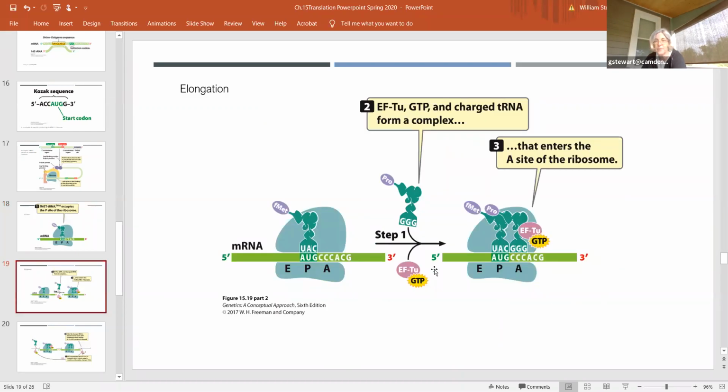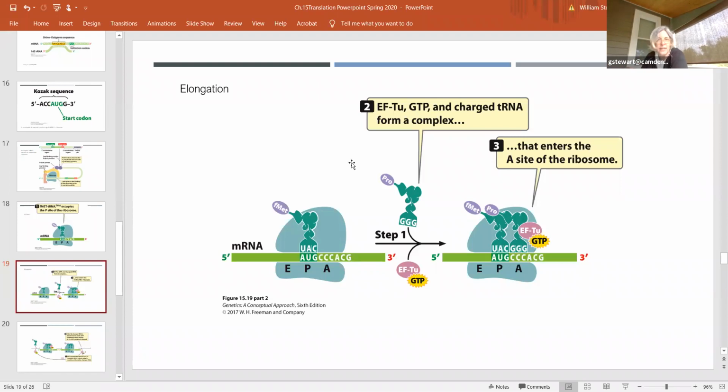Okay, now step 2. In Bio 1 and in microbiology, we just said the second transfer RNA fills the A site, right? It's a little more complicated than that, so we're adding a bit more complexity. This transitions us to what we would call elongation, and the proteins that assist in elongation are called EF, for elongation factors, and there are a couple of them.